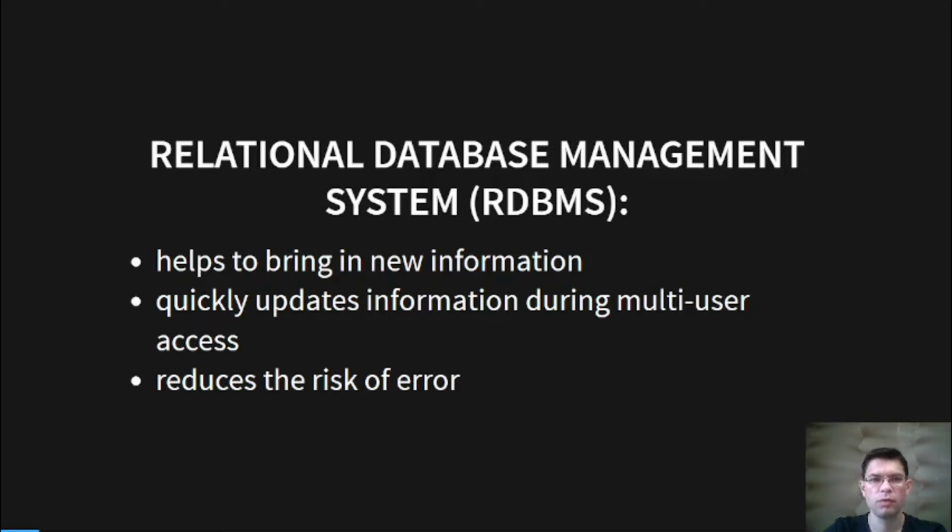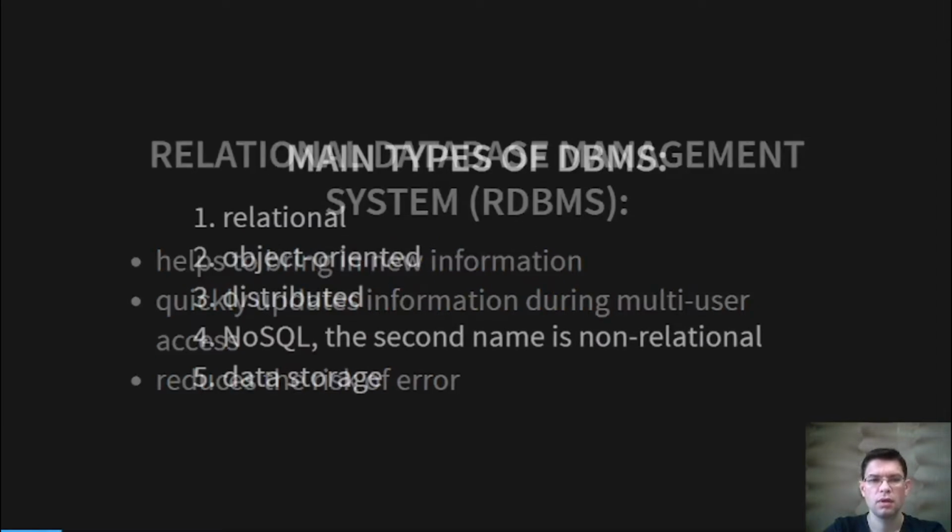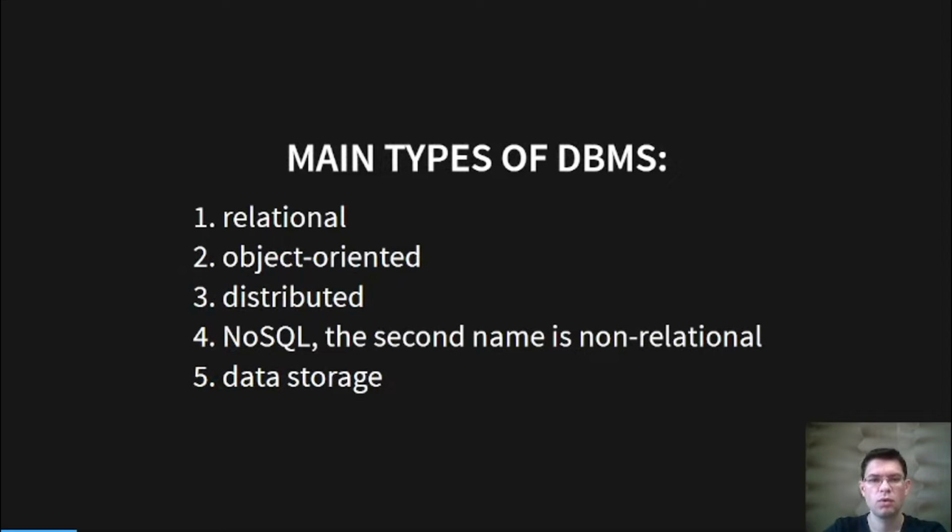If several people work on the database, the changes will be displayed to everyone online. A DBMS reduces the risk of error. The structure of the table is already set when creating the database, so the information will go to the right section.